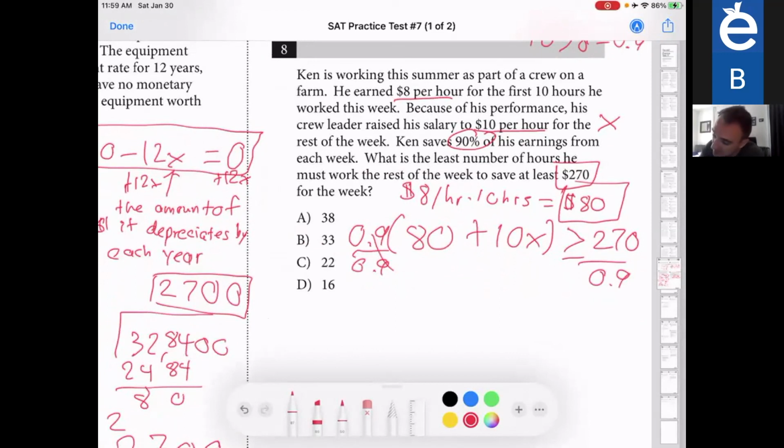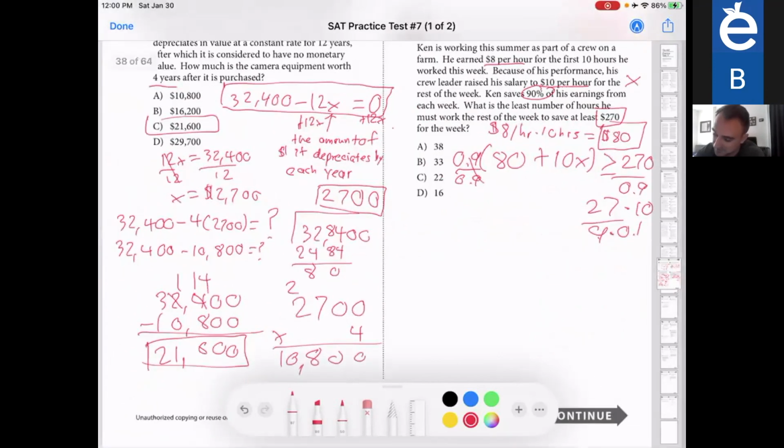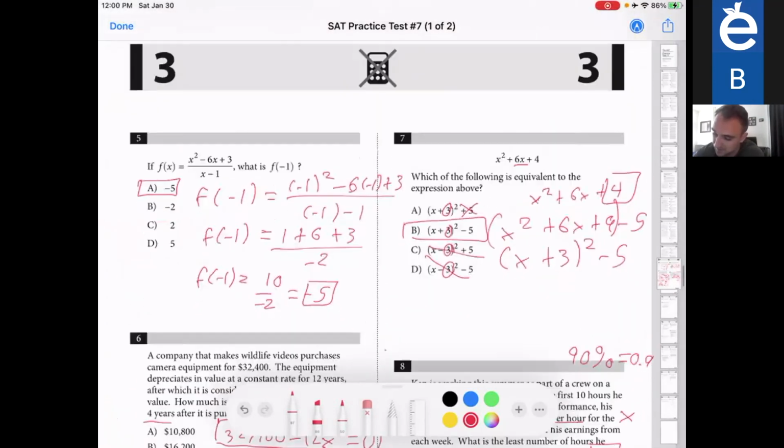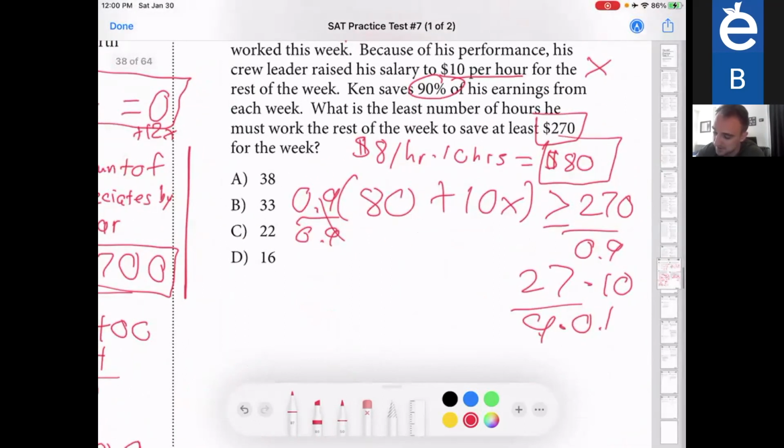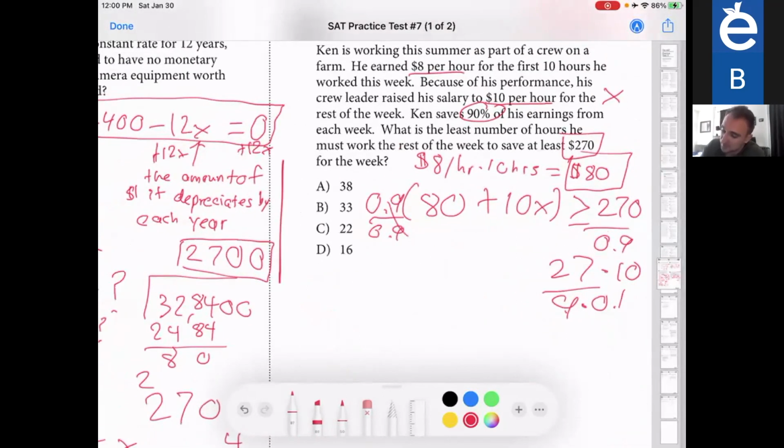So this is just 27 times 10 divided by 0.9, or I could say 9 times 0.1. I'm doing this because I believe this is the no calculator section, so we want to be able to work with these numbers in our head. So 27 divided by 9 would be 3, but that's going to be 3 times 10 over 0.1. 3 times 10 will be 30, divided by 0.1 will give us 300.